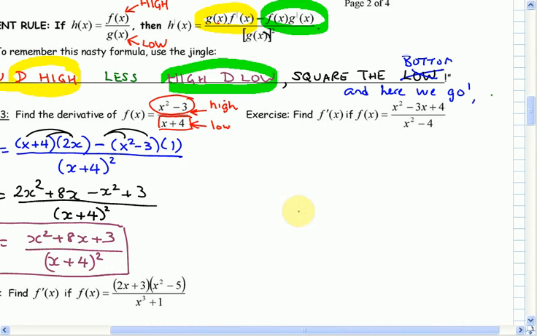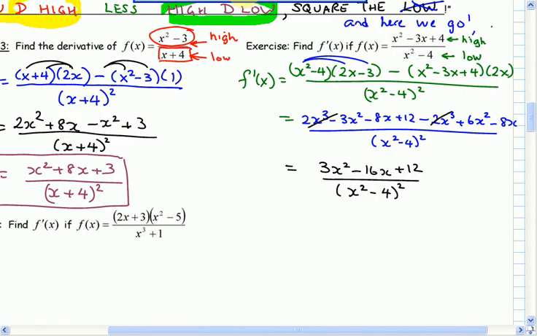What I'd like you to do is try to do the derivative using the quotient rule or the jingle, whichever one you wish. And let's see if you can calculate the derivative. Then we'll just do a few more examples and we'll be done today. I'll actually leave you some time. Double check your answer with mine, please.